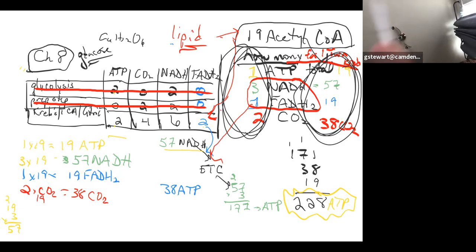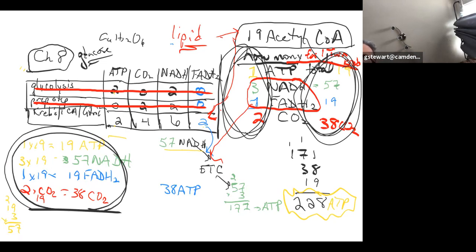Or I might say, if a lipid that was oxidized produced 57 NADH, and those NADH went around the Krebs cycle, how many ATP would be able to be produced from that? You should be able to do that math pretty quickly. Remembering, of course, that every NADH is going to give you approximately 3 ATP.